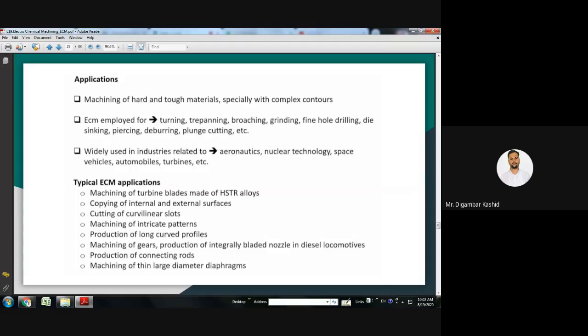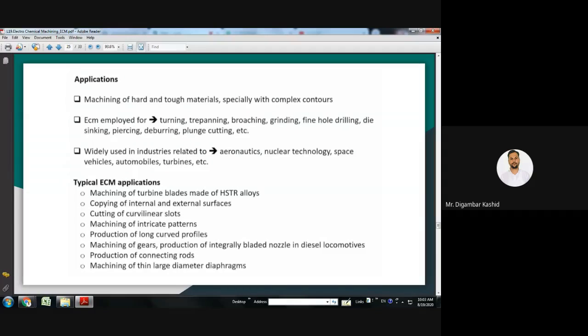As we know, over the years this ECM principle has been employed for the performance of a number of machining operations. Which are those machining operations?